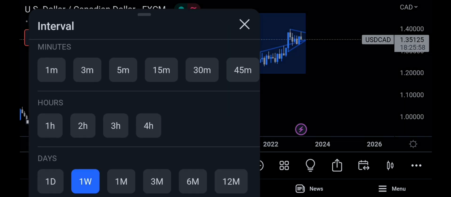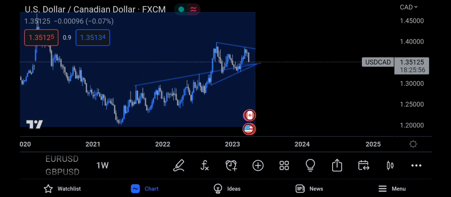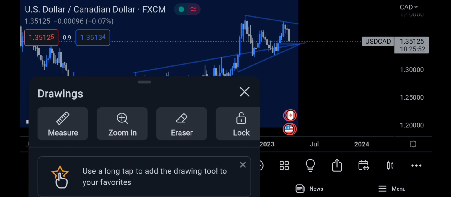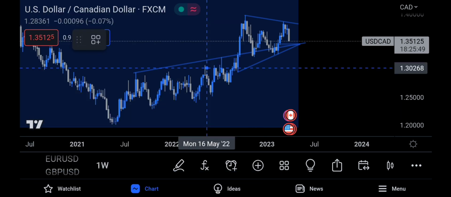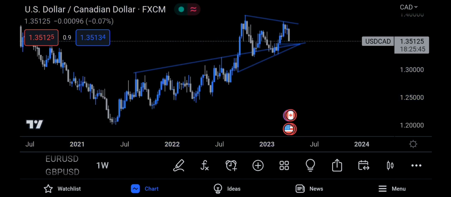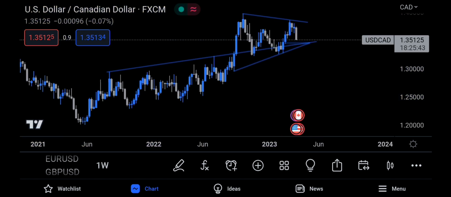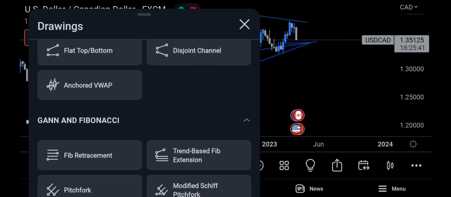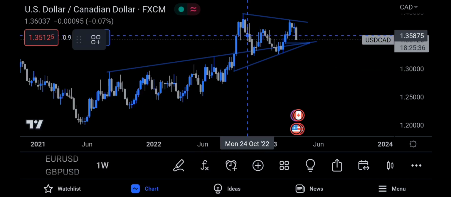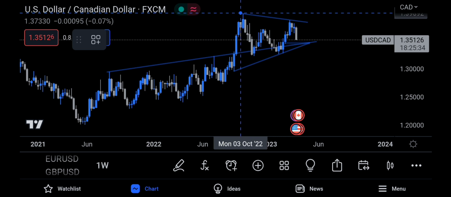Now in the weekly time frame, we've been inside a symmetrical triangle for some time.